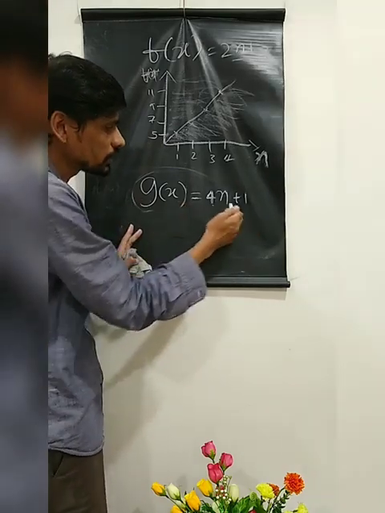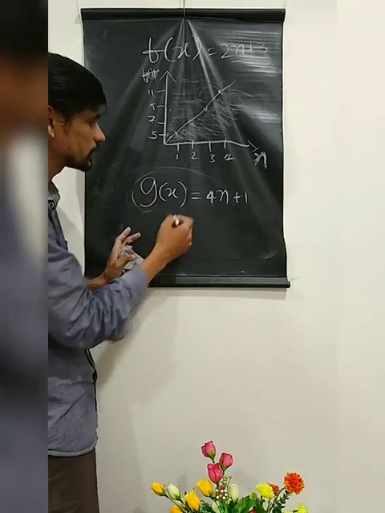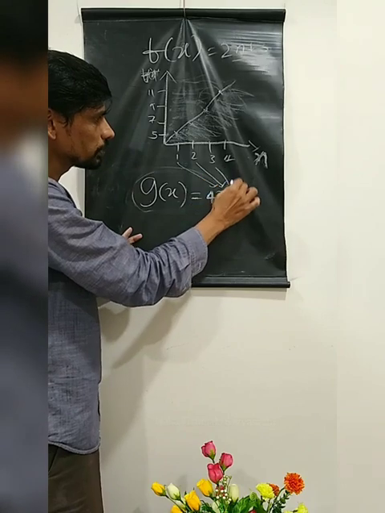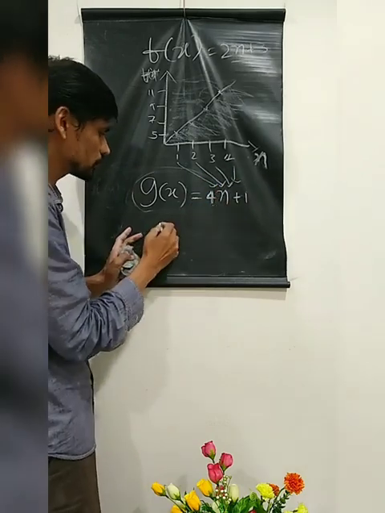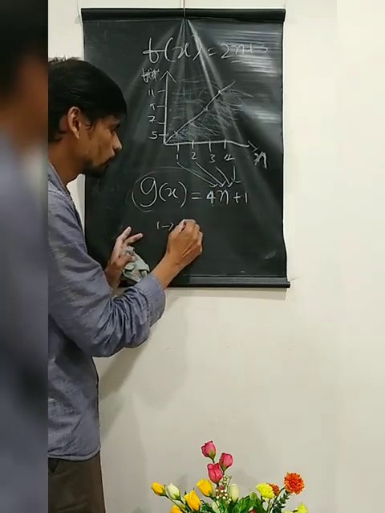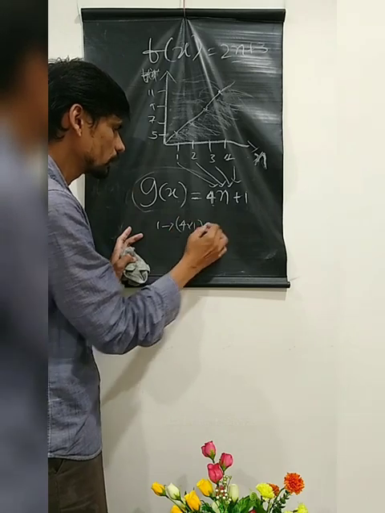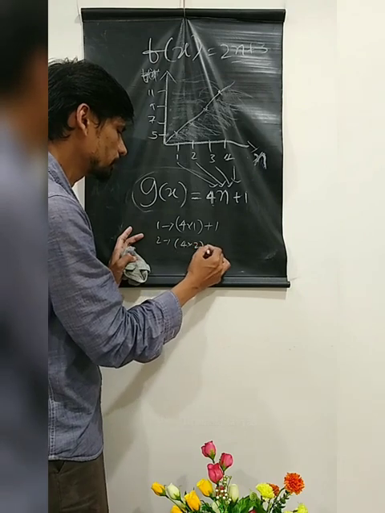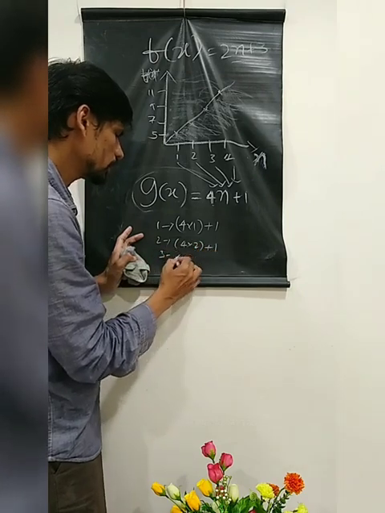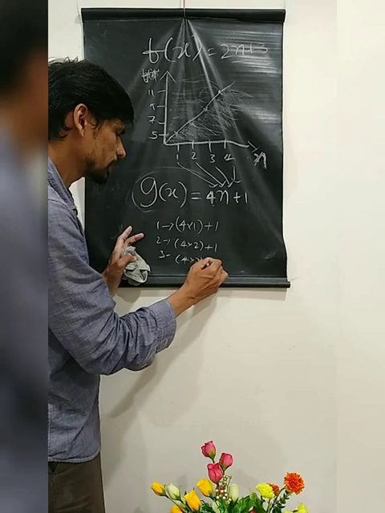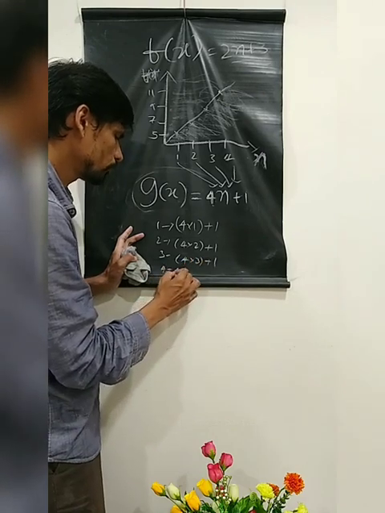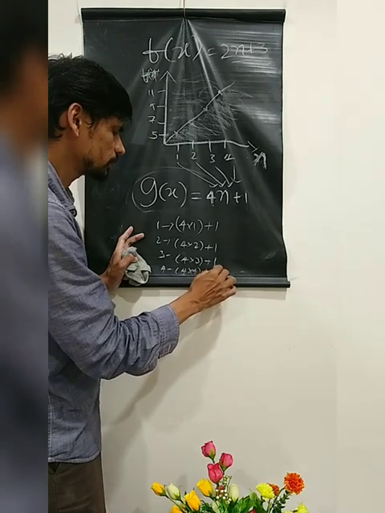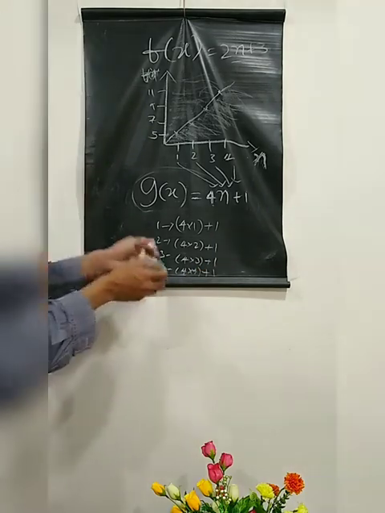So what will this function produce? Let's replace 1, 2, 3, 4: for 1, 4 multiplied by 1 plus 1. For 2, 4 multiplied by 2 plus 1. For 3, 4 multiplied by 3 plus 1. For 4, 4 multiplied by 4 plus 1.